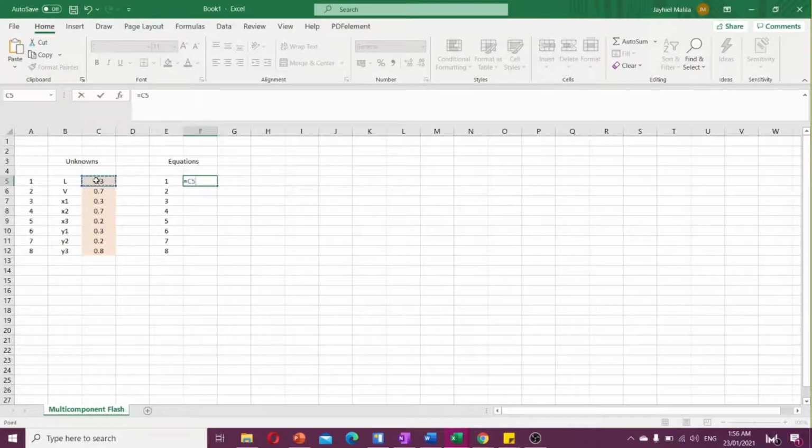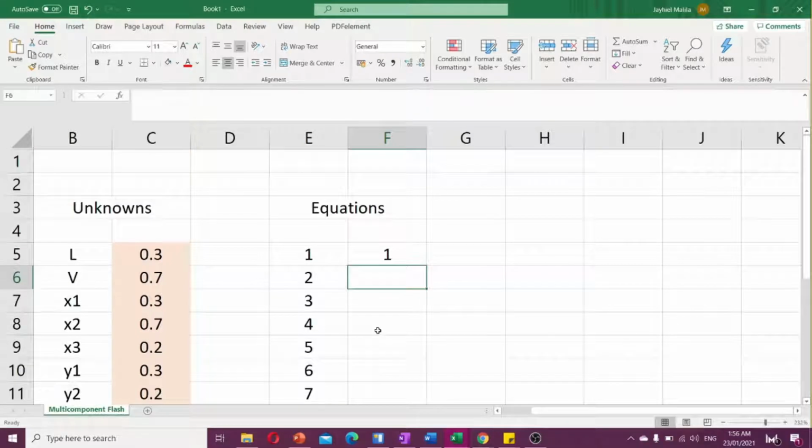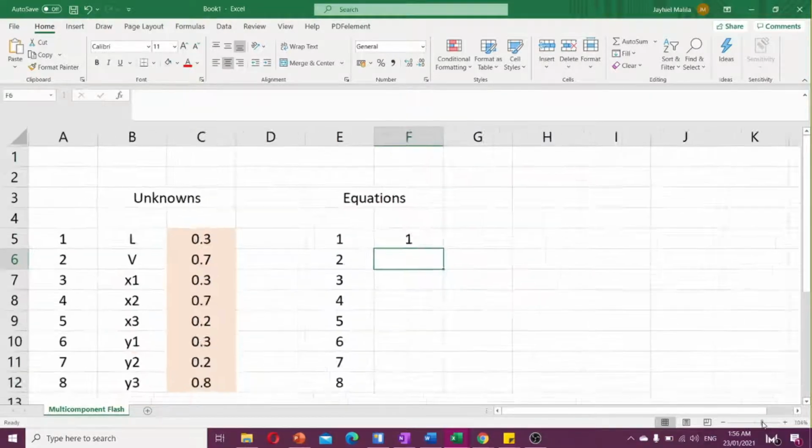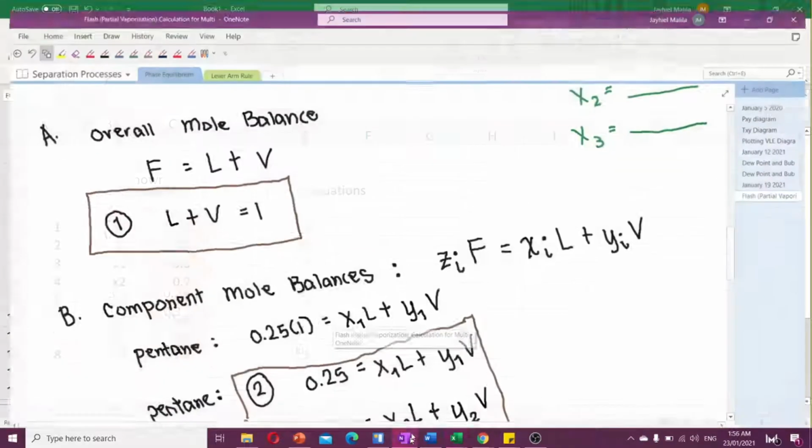So we can just use that one. We have L plus V. It actually depends on you as to how organized you want to be in Excel. My approach here is to be very crude and very candid in putting the equations here. I don't want to be too fancy for now.